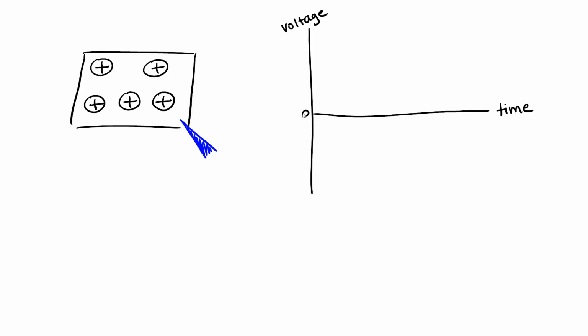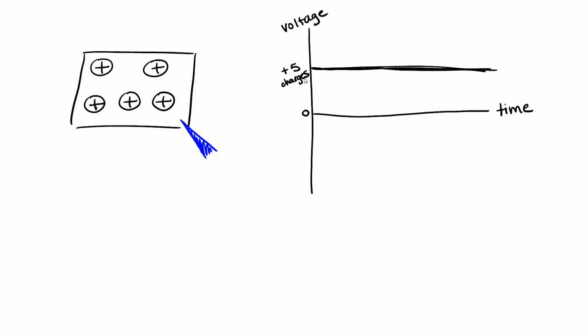And you're detecting 5 charges, and since the charges are positive, let's say the electrode is seeing a flat line somewhere up here, which is plus 5 charges. Simple enough.